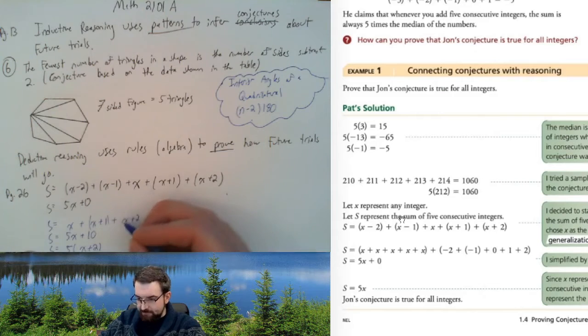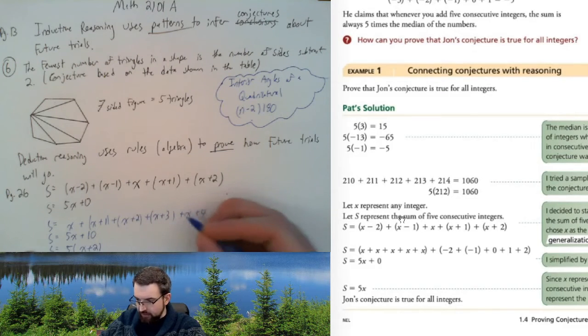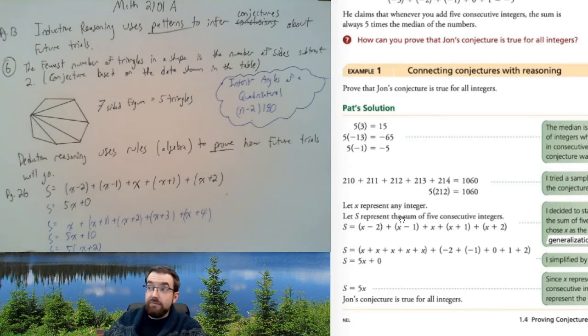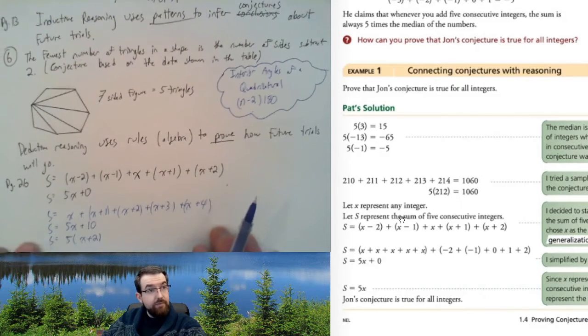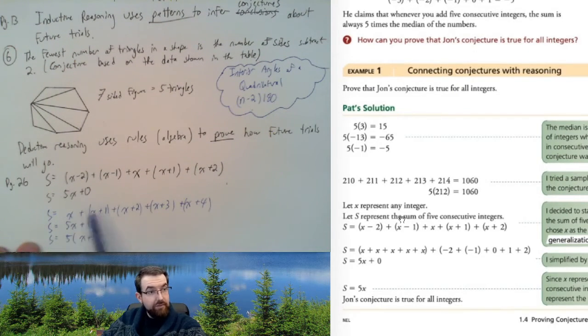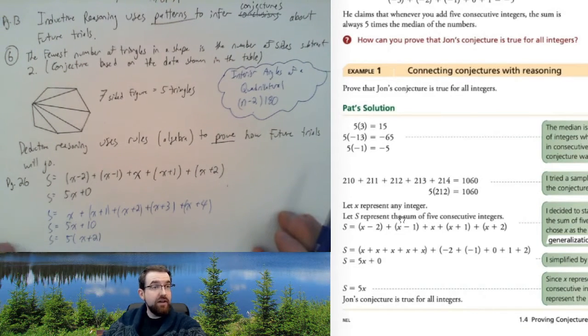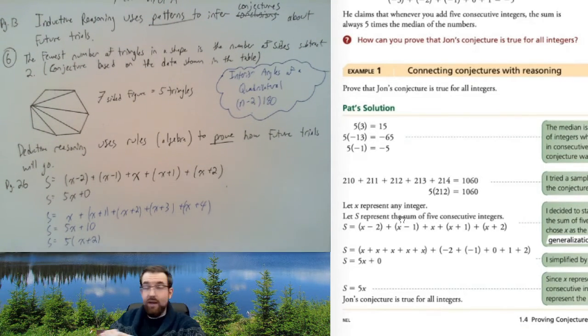And if I put brackets around all these so that it looks a little bit clearer, we can see here that x plus 2 is the middle of these. So we know now that the sum is still going to be 5 times the middle number. Just the middle number has changed. Instead of the middle number being plain old x, the middle number is x plus 2. But the deductive reasoning works out just fine either way.